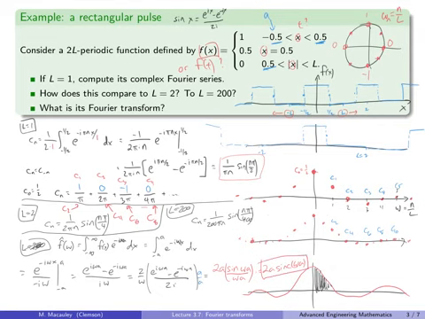And actually, if you plug in a equals 1/2, then you get that f hat of omega is sinc of omega over 2. So that is what this little envelope function is.